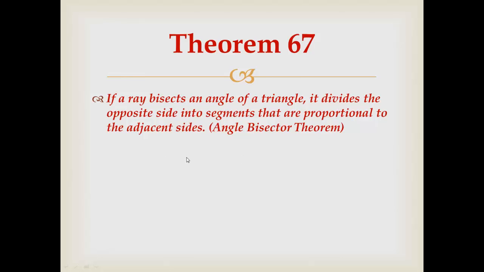Now, basically, if you had an angle of a triangle and you knew that it was bisected, then you could say the ratio of this to this and the ratio of this to this would be equivalent.